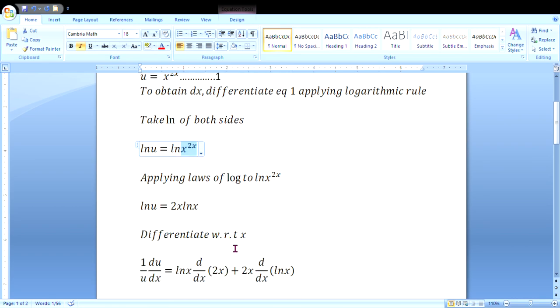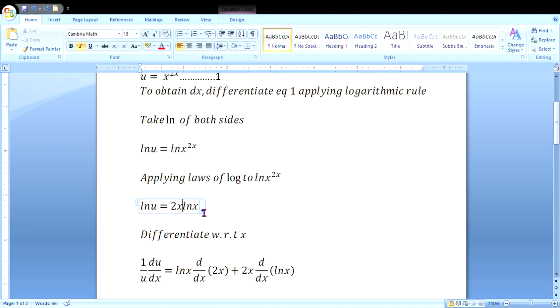Now we differentiate with respect to x. As you can see, the right hand side is a product, so we use the product rule.